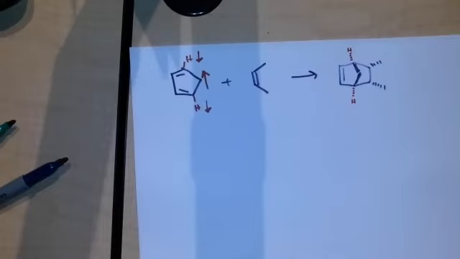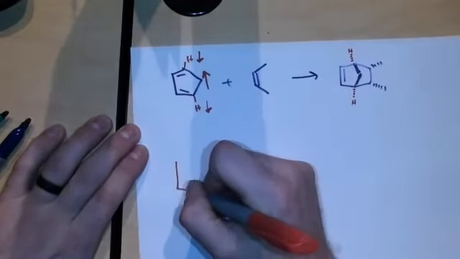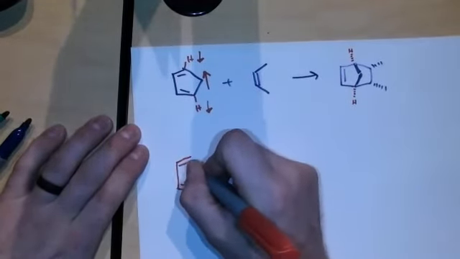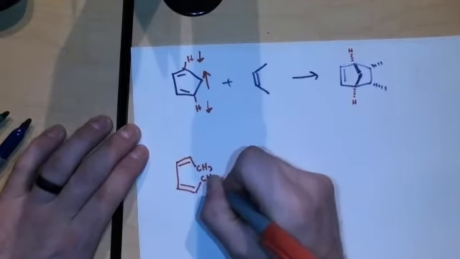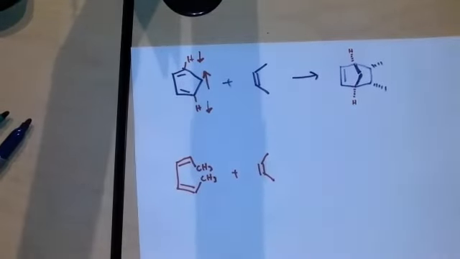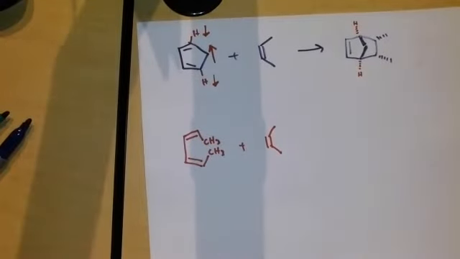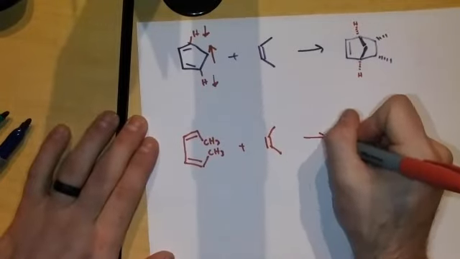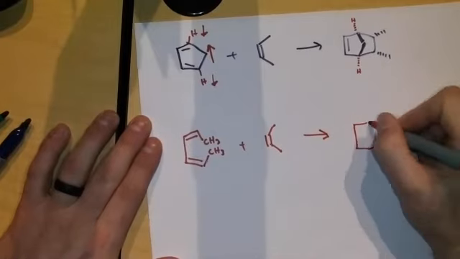If I just take this exact same molecule and split it, put a CH3 here, a CH3 here. Now we don't have a 5-membered ring, but they're going to follow the same principles. So our reaction is going to give us a 6-membered ring with a double bond.